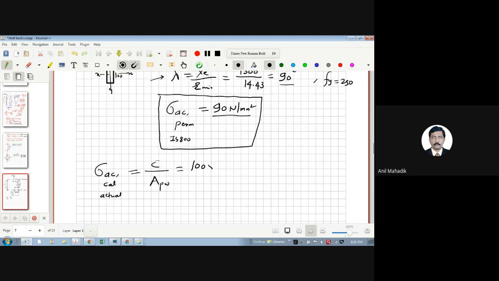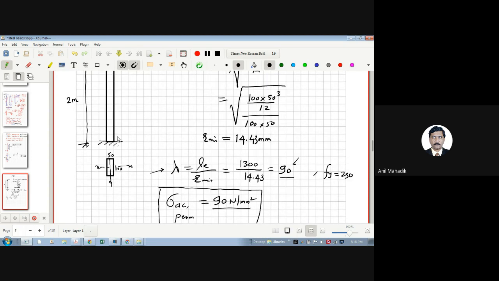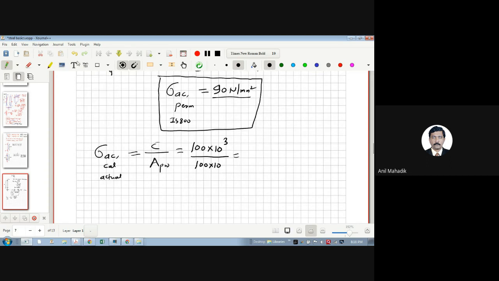In Newton, it will be 100 into 10 raised to 3. Area provided is 50 by 100. How much is the value? Sigma AC is 20. So 20 Newton per mm square is your actual stress, which is less than permissible stress.